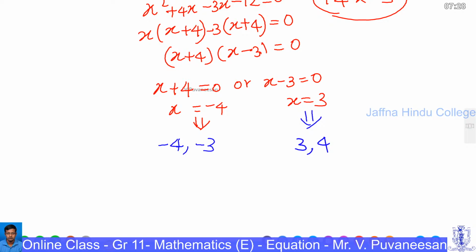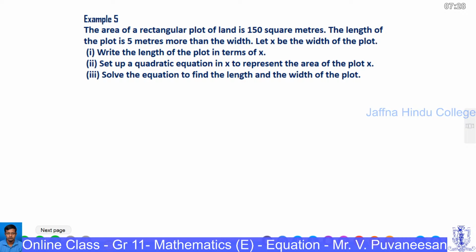Now we look at another question. The area of a rectangular plot of land is 150 square meters. The length of the plot is 5 meters more than the width. Let x be the width of the plot. Write the length of the plot in terms of x.